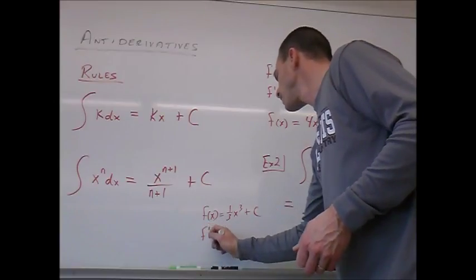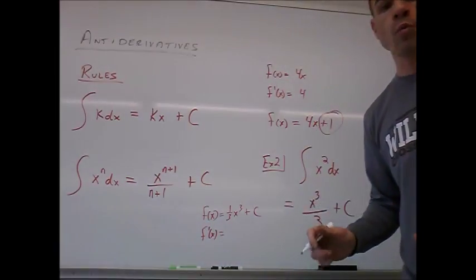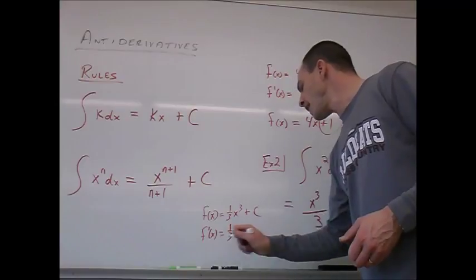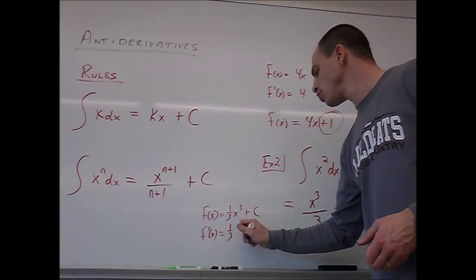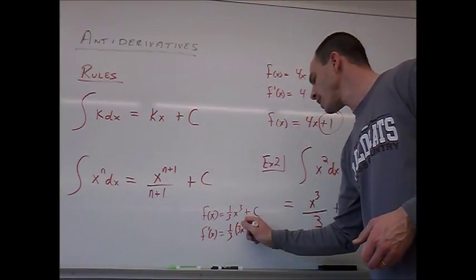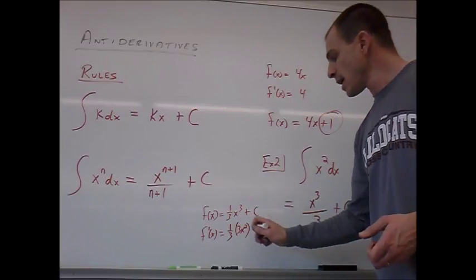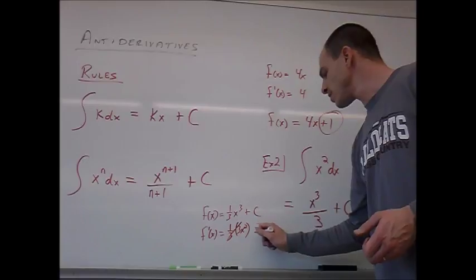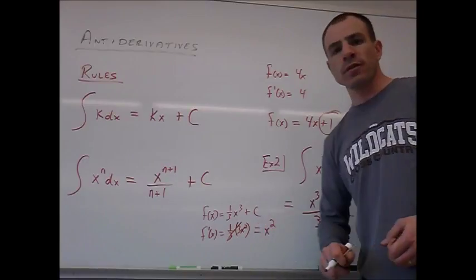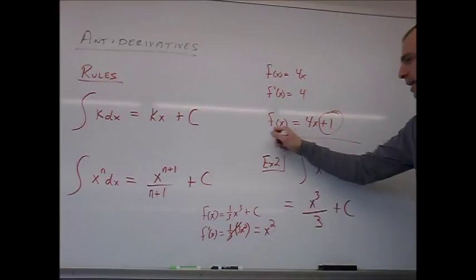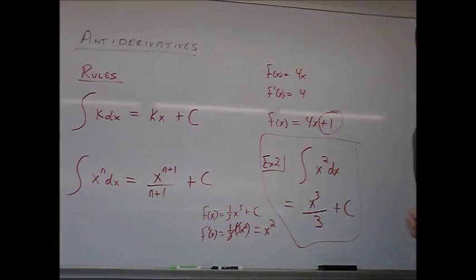I want the derivative of that, so I know that 1/3 will move down into the answer. x cubed has a derivative of 3x squared. And the derivative of a constant is always 0, and the 1/3 and the 3 wipe each other out, leaving me just with x squared. So this, in fact, works out to be true.